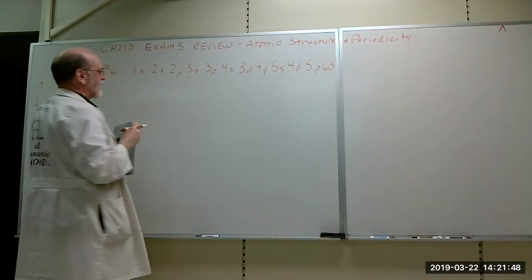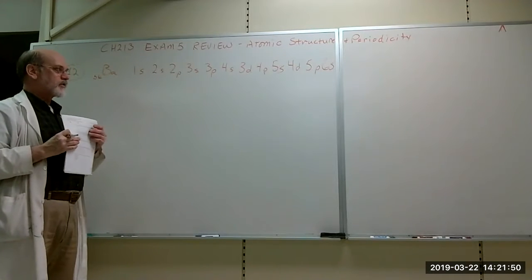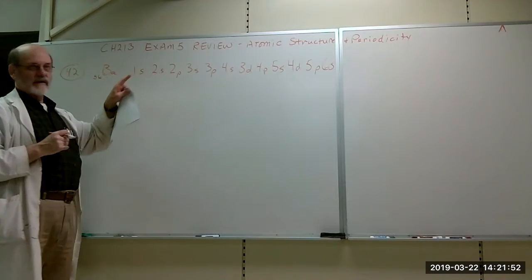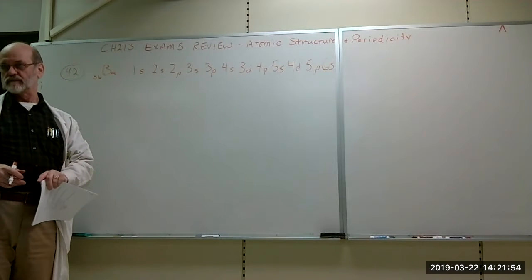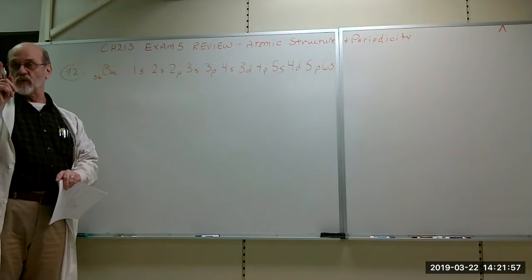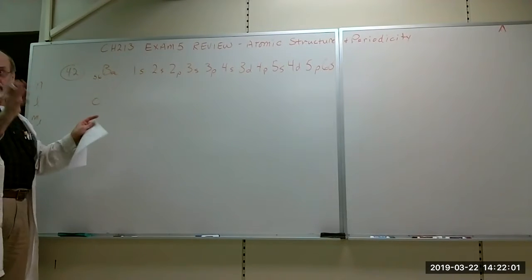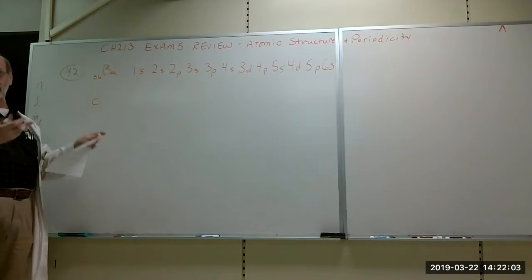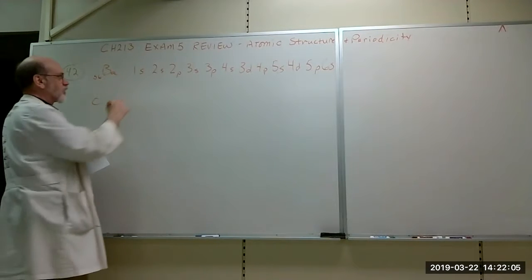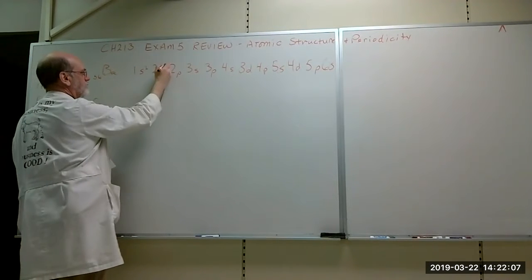So you've got to remember, what's the maximum number of electrons you can have in each one of these? S's are always 2, because there's only one m sub L, 0. You can only have 1, so that means 2 electrons maximum. That's why S only has 2.